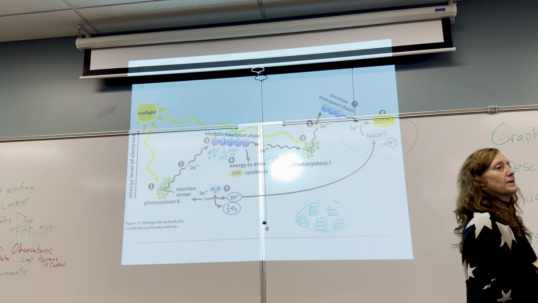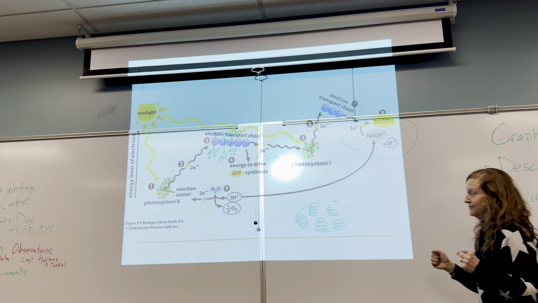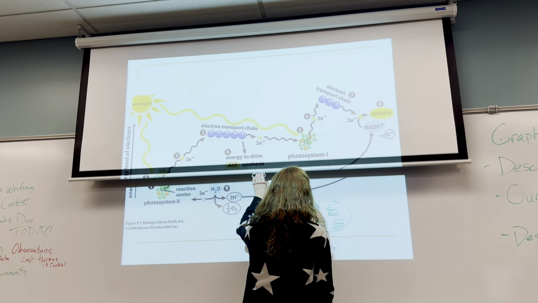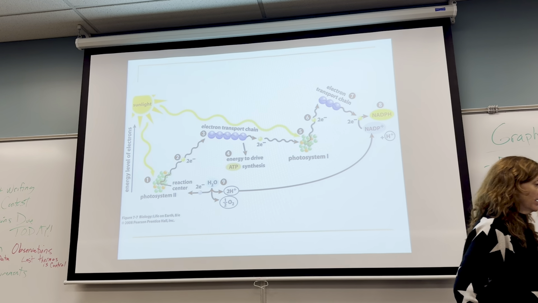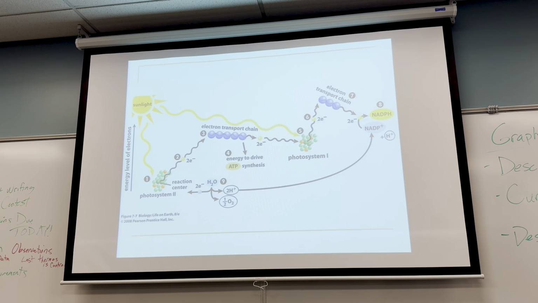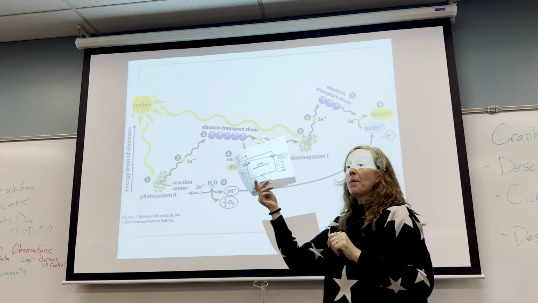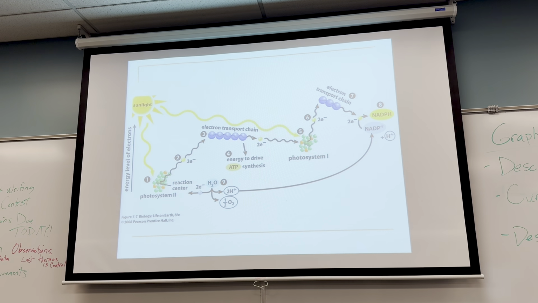Any questions about the light dependent reactions? Okay, so let's talk about the light independent reactions. So now we're going to flip over our paper to what we call light independent reactions, or the Calvin cycle, or the Calvin-Benson cycle, or the C3 cycle.